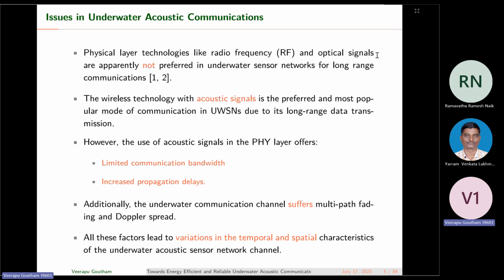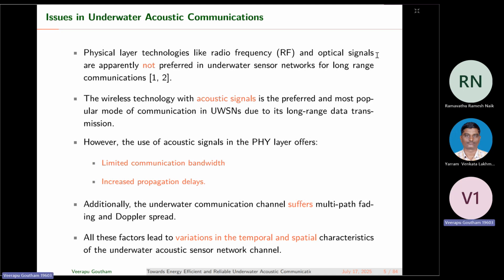And one more problem in underwater: when coming to the terrestrial, like ground wireless sensor networks, RF signals travel at the speed of 3 times 10 to the power of 8 meters per second. But when coming to the underwater, acoustic signals will travel at a speed of 1500 meters per second.